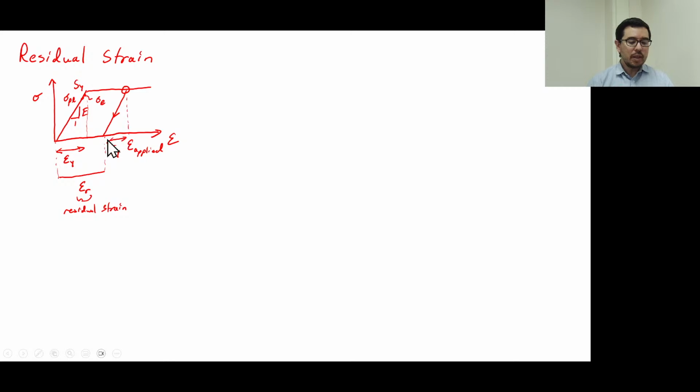So it's possible, now this may be slightly exaggerated, but it depends. It's possible that you actually have residual strain that's greater than epsilon y. It's also possible that if we only went out to this point over here, the residual strain is less than epsilon y.